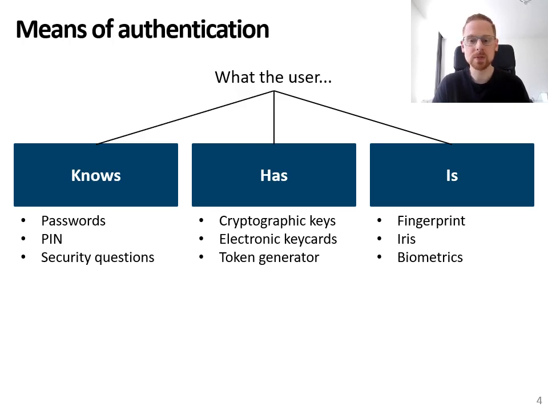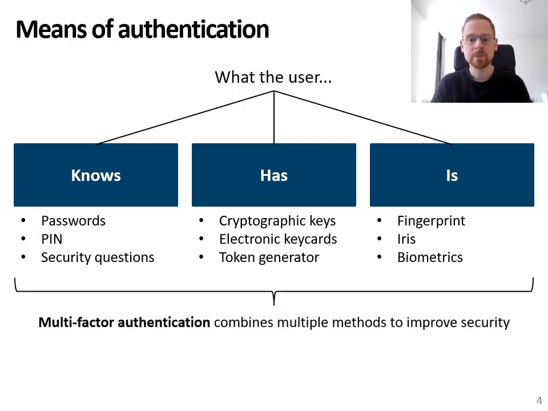All of these methods can be used for authentication, but all of them have their advantages and disadvantages. For example, a password could be guessed by an attacker, or the user could forget it. Information the user has, like a cryptographic key or a key card or a token generator, could be stolen, and biometrics have their own problems, such as, for example, problems with false positives and false negatives.